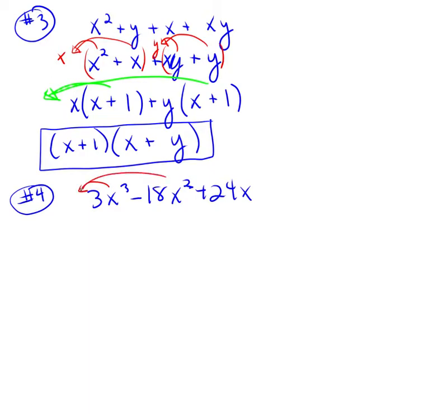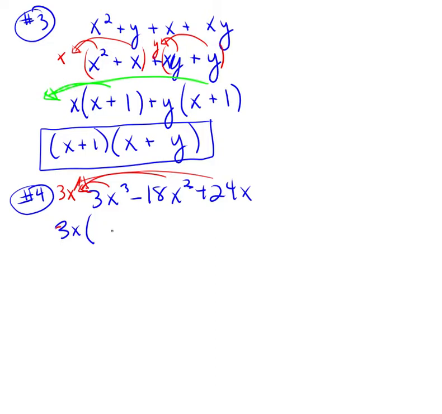So my GCF that I distribute out will be 3x, because they all have a 3 and they all have an x. My first term is positive, so I like that to stay positive. So 3x is my GCF that I distribute out.